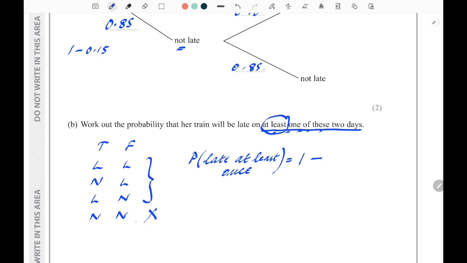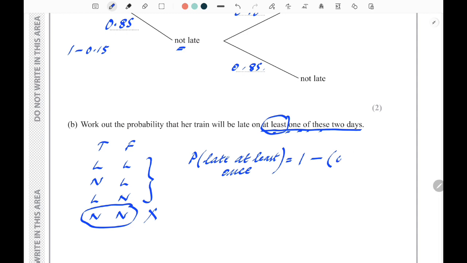So we can get rid of that, and whatever's left must be the probability of all the other 3 combinations. So the probability of it being late at least once is 1 minus not late and not late.